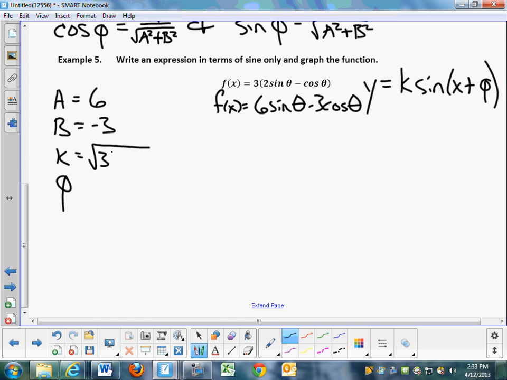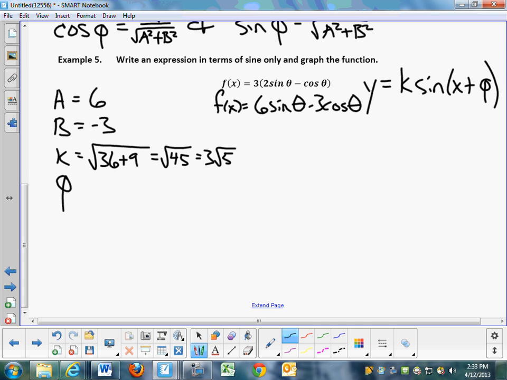A squared is 36, b squared is 9, so I get the square root of 45, which reduces to 3 roots of 5. Everybody see why I got k? That was easy, right? Now we just need to find phi.